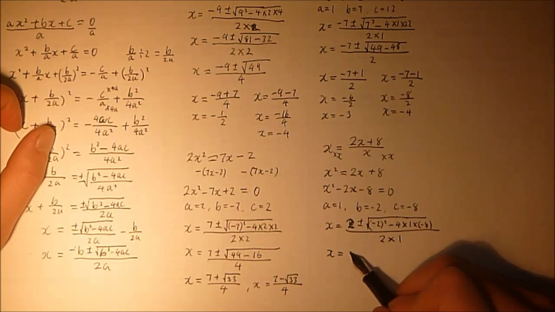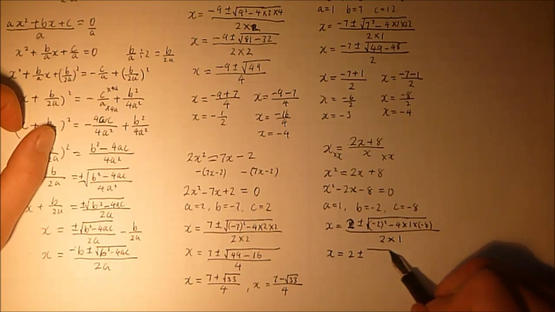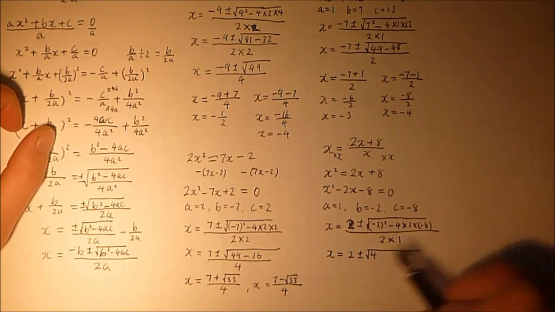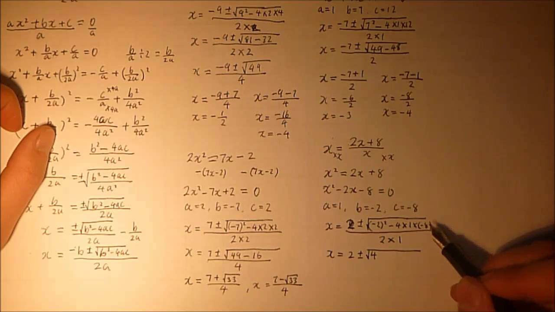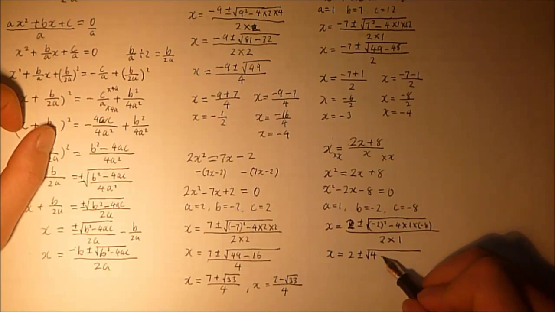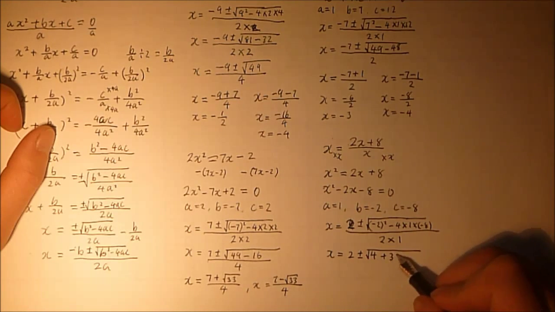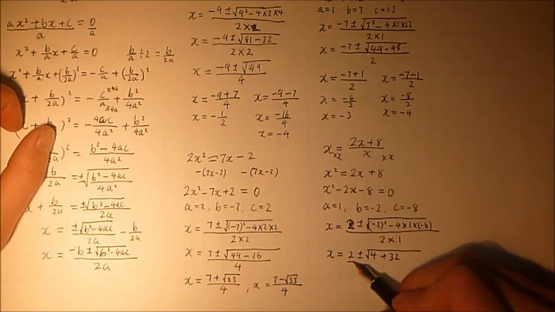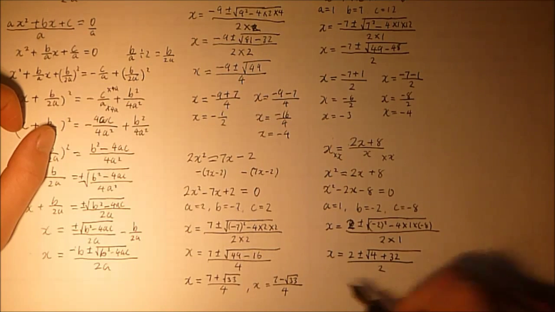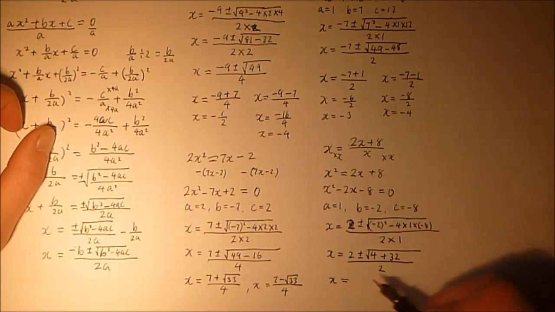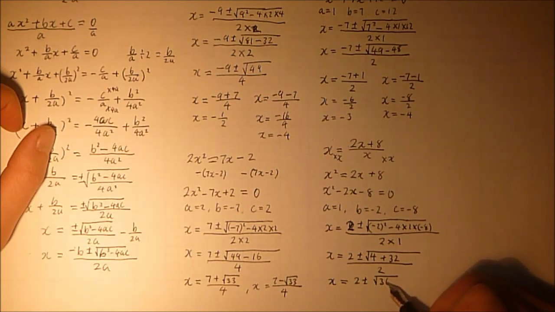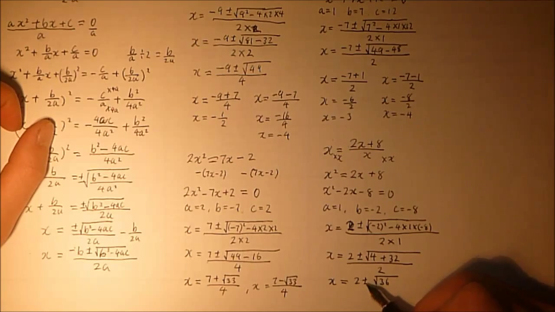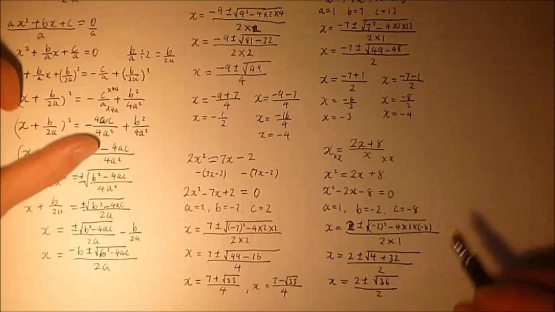So x equals 2 plus or minus the square root of 4, 4 times 1 is 4, 4 times negative 8 is negative 32, so plus positive 32, over 2, and x equals 2 plus or minus the square root of 36 over 2.